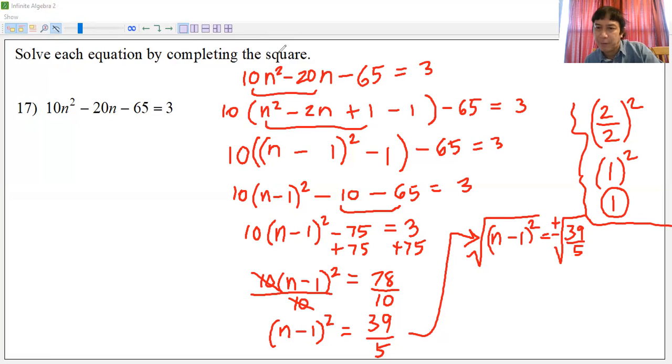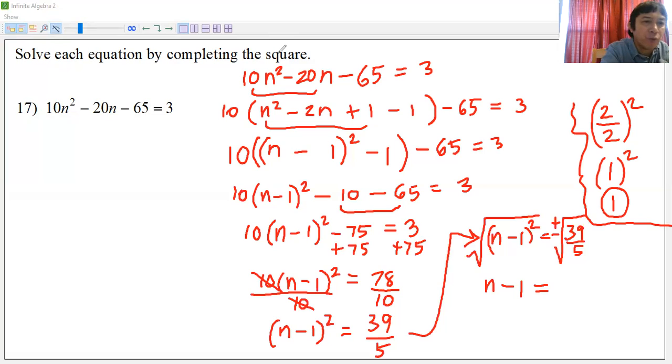The left side will be reduced to n minus 1. How about that square root of 39 over 5? Again, there will be a square root of 5 at the denominator. It will be reduced to a simpler version, that means without the square root of 5.